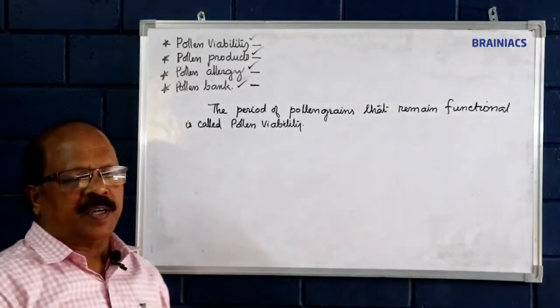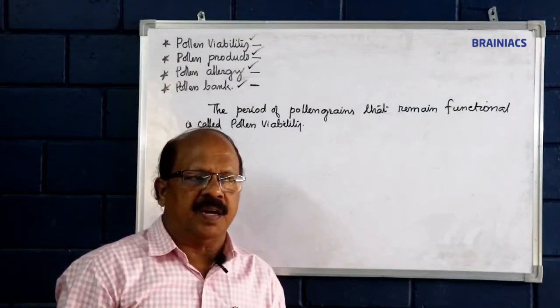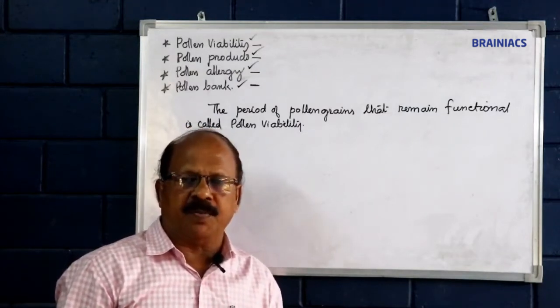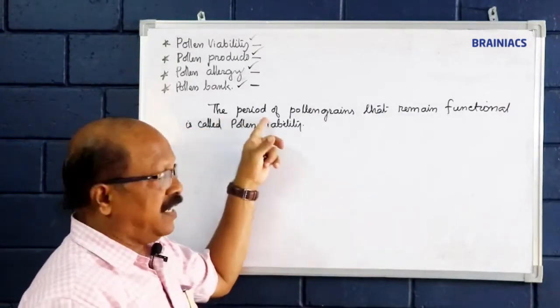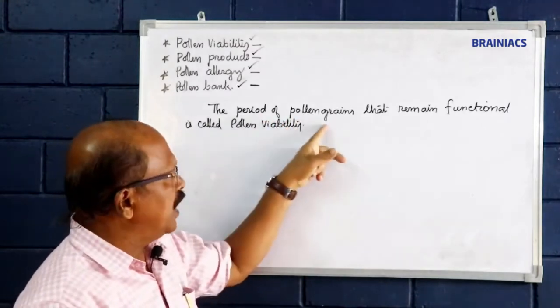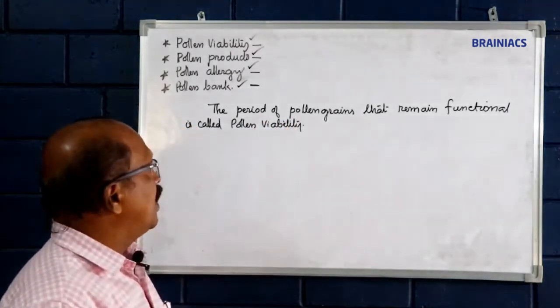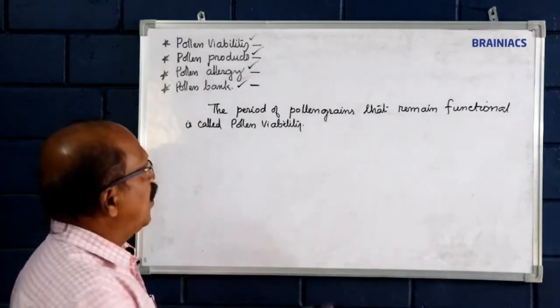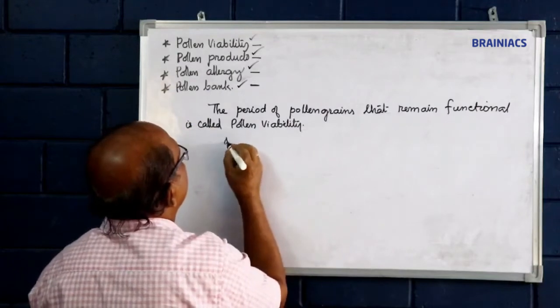The activity of pollen grains, the tendency of germination, all depend upon the nature of the pollen grain. And so the duration or the span of pollen grains that remain functional is called pollen viability.